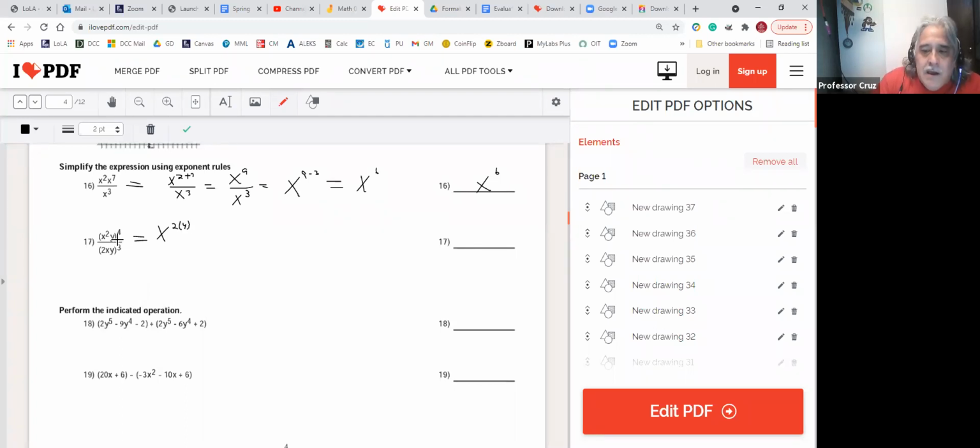The next one, the y, it has a power of 1, so it's just going to be down here. Everything's going to get the cube. 2 gets the cubed, x gets the cubed, y gets the cubed.